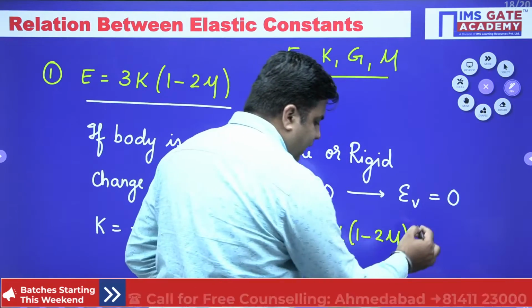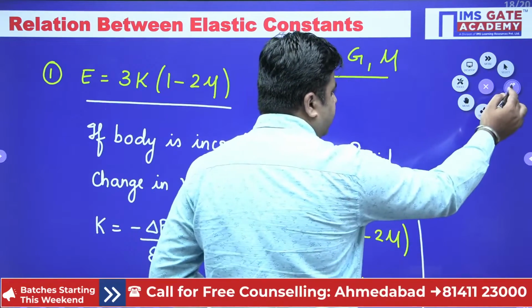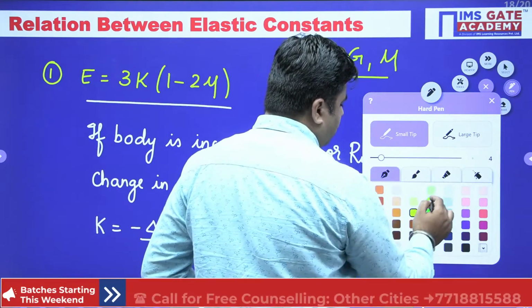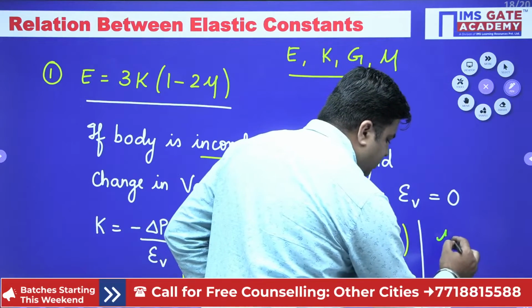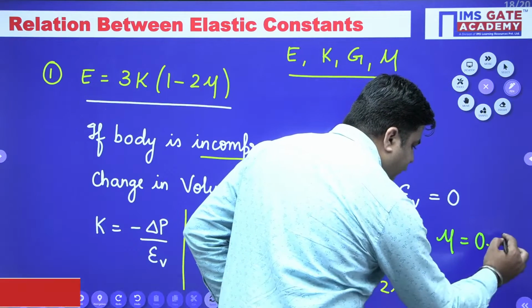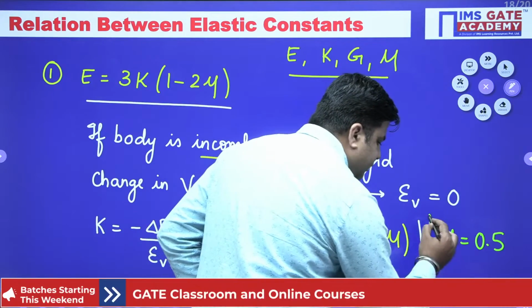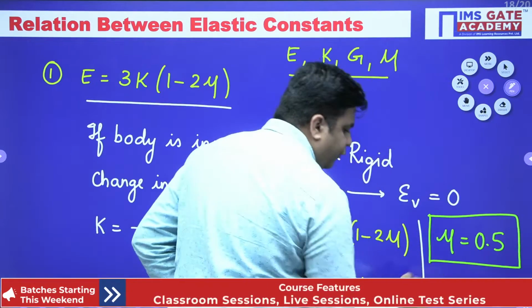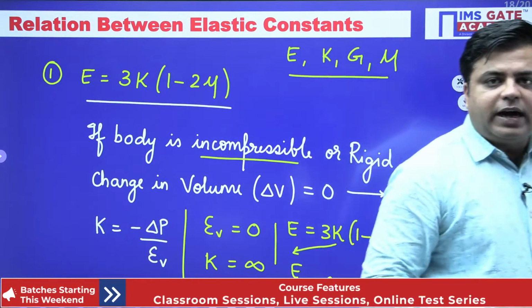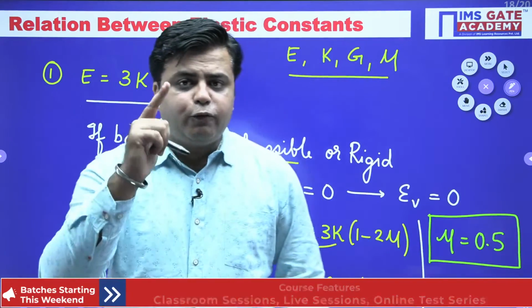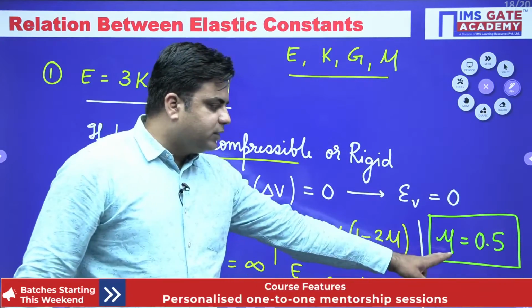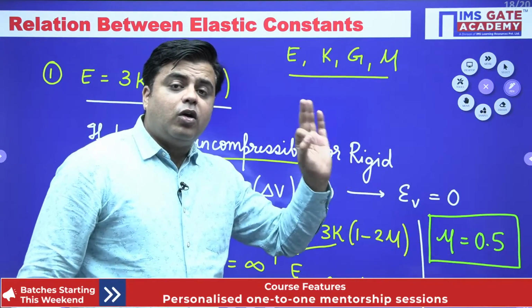Okay. So directly we can say from here that your mu is equal to 0.5 for incompressible bodies. If in the question it is given that a body is an incompressible body, be clear in your mind, for such bodies your Poisson's ratio will be 0.5 always.